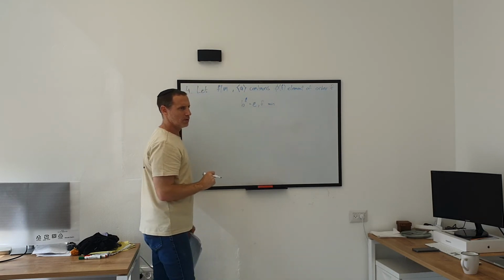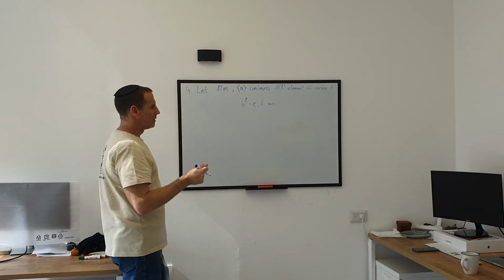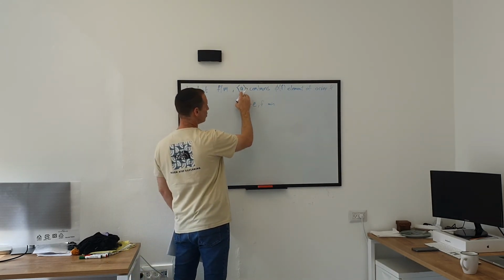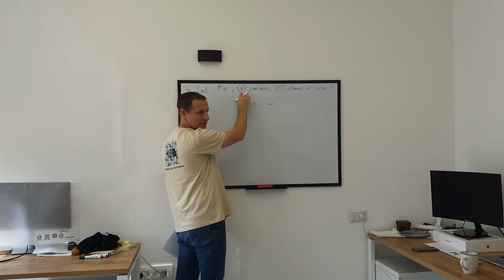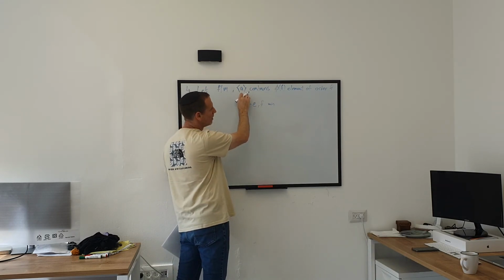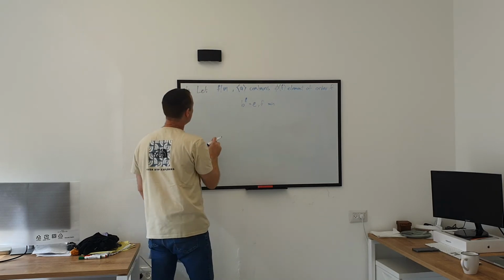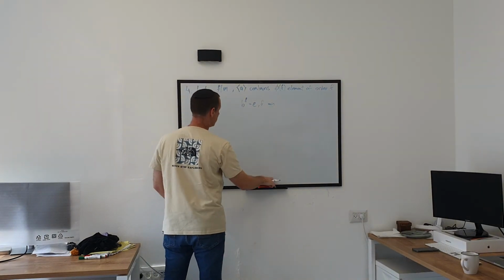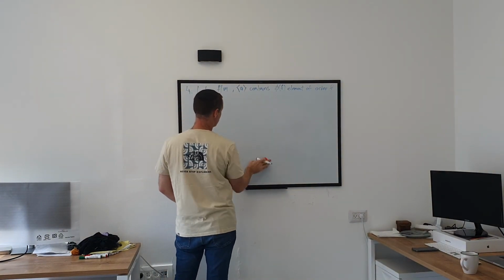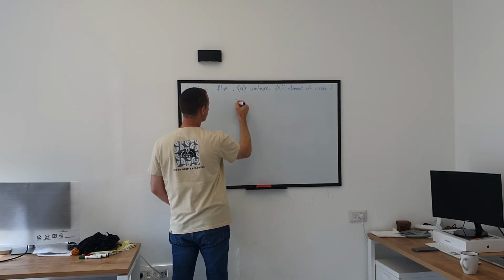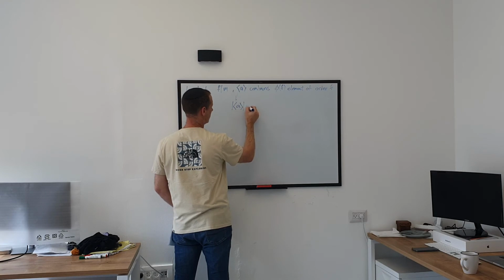So the group generated by a contains phi f elements of order f. I mean, I said it, but I didn't write it. The size of a is m, okay?